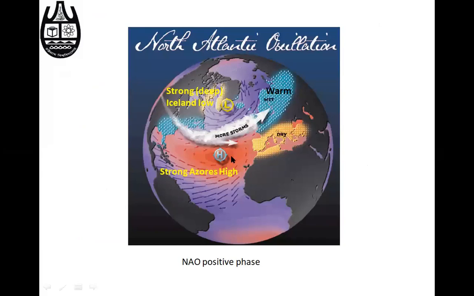Just to see, this is North Atlantic oscillation. Normally the nature of the wind is to flow from high pressure to low pressure. This is our Atlantic Ocean, this is North America, and this is Europe. Maybe this is France, and this is the UK.